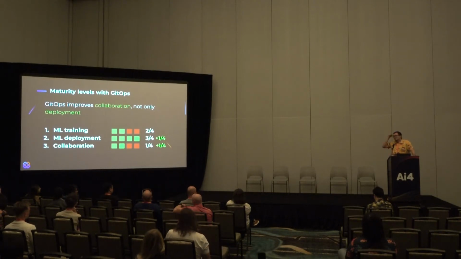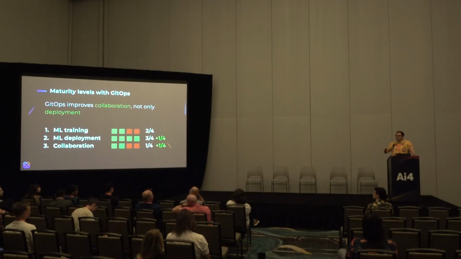In this way, from a maturity level point of view, you not only improve your level of maturity in the deployment area, you also improve your maturity level as a team. How your teammates work together with each other, how your team collaborates with your deployment team, or maybe IT ops or DevOps teams. So that's an interesting side effect of using existing tools that you already have.